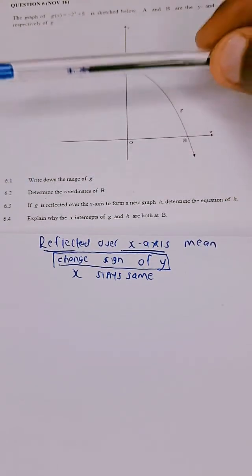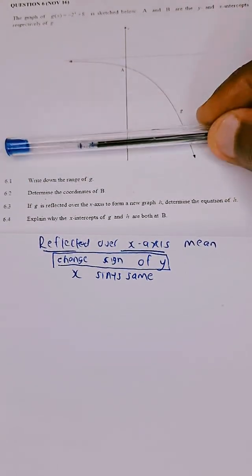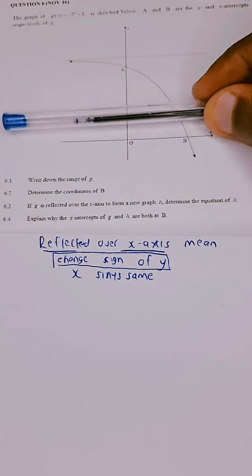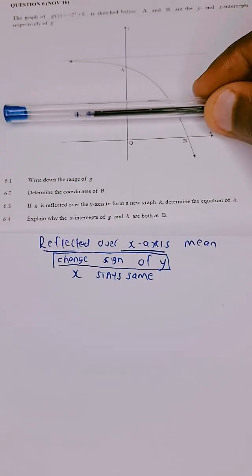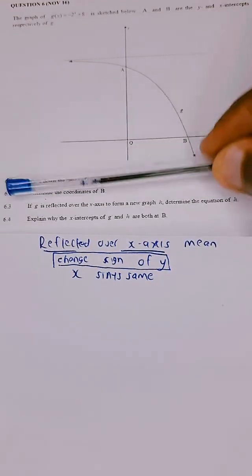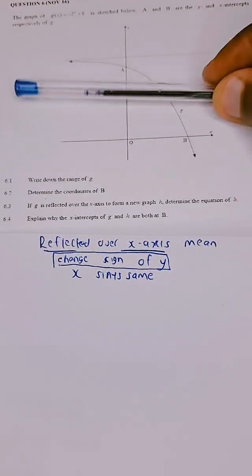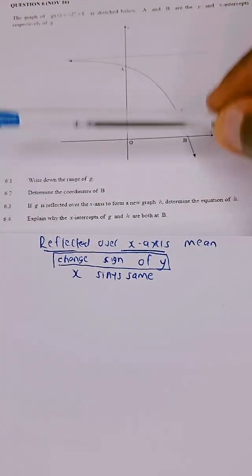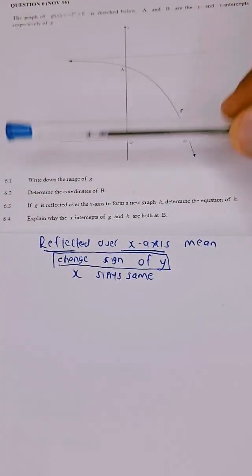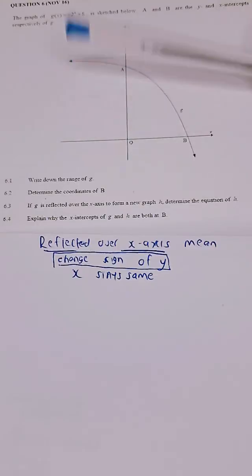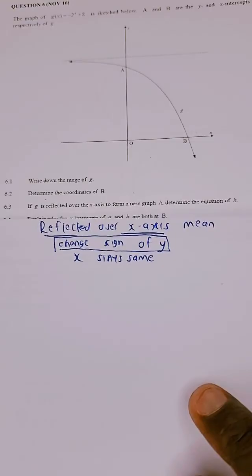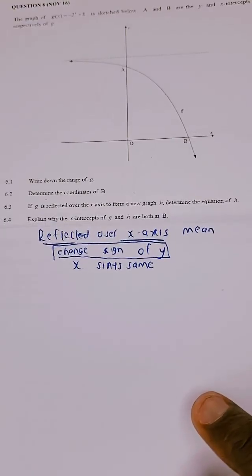Then if it reflects, it becomes here, the same distance from the x-axis, but a different sign. So if we reflect along the x-axis, the sign of y changes, but x stays the same. So we need to just understand that for what it says.